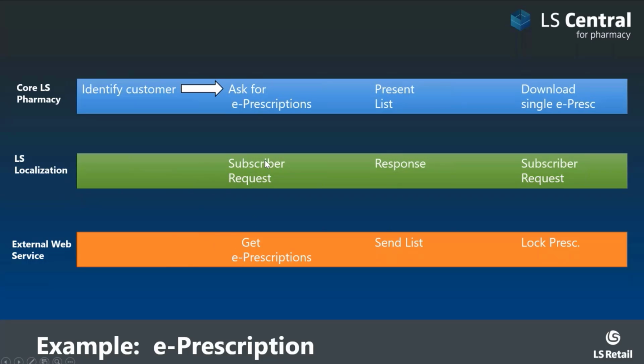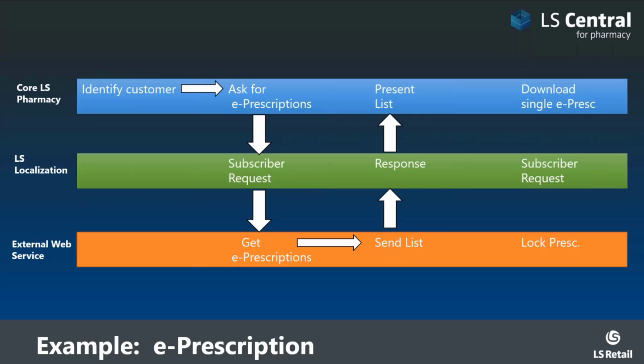We've identified the customer that publishes an event to ask for e-prescriptions. And in the localization layer, there is a subscriber or codeunit that calls a web service from the government to get a list of e-prescriptions that this customer has in the government's prescription database.